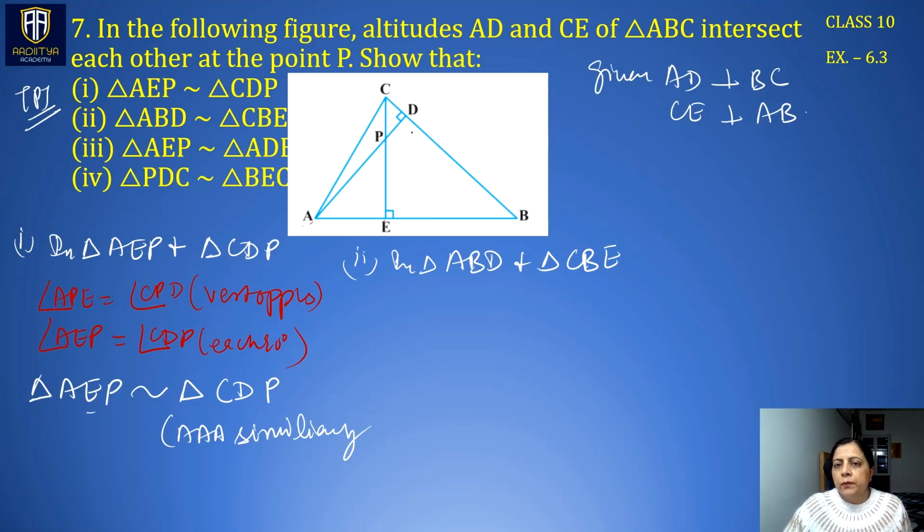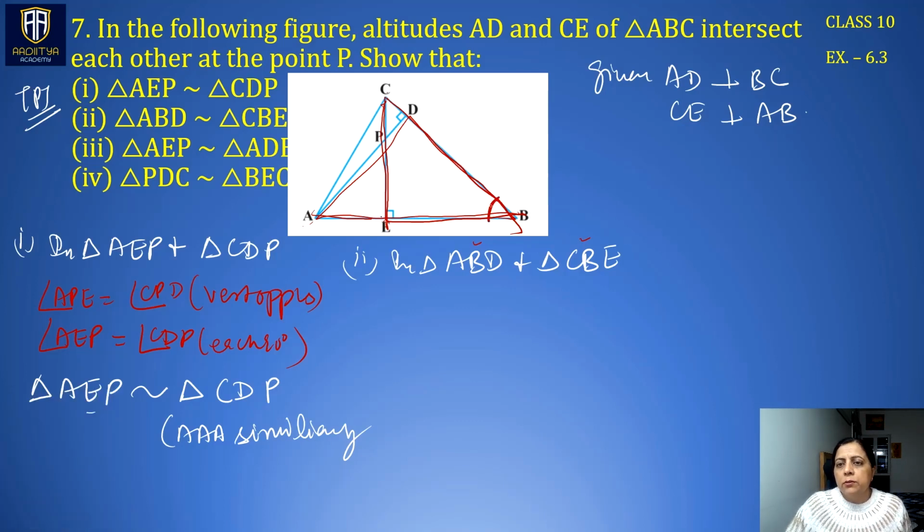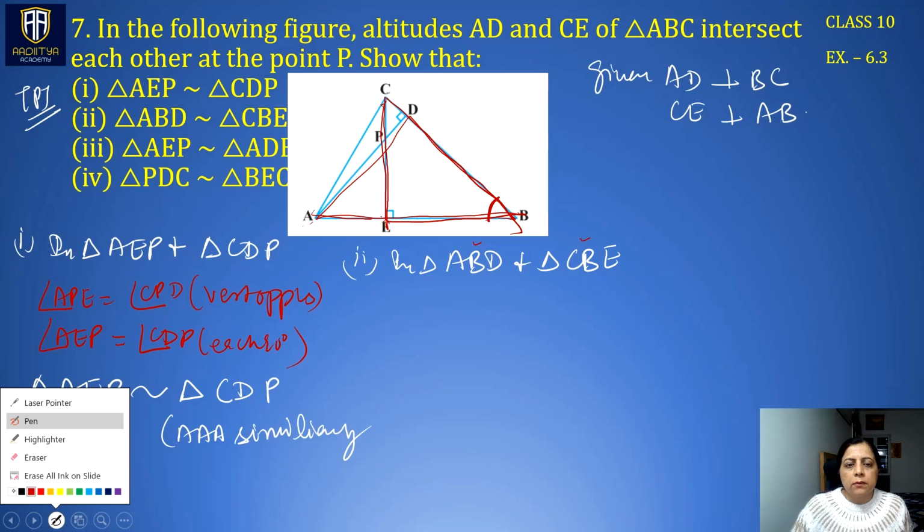ABD is this whole big triangle, and CBE is this. Right? Now look for the letters. I have told you if you get confused, you can mark those angles. What letters are common? See, B is equivalent to B. So we have one angle common. You can say that this angle B is common to both the triangles.